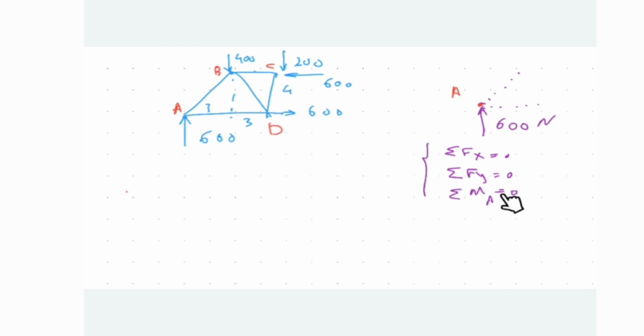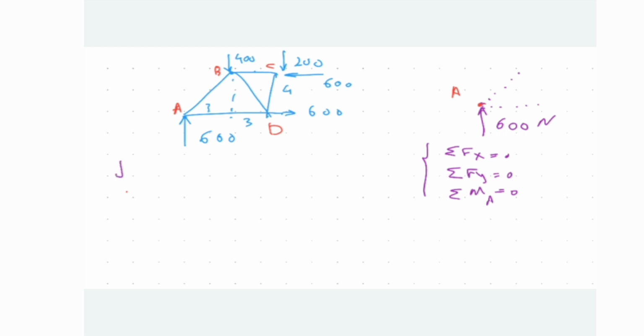You may ask me why. The thing is that here we have all the forces going through the point, so if you take moment, all the forces are going through that point and making this thing zero. It's inherently zero, meaning that you have two equations.